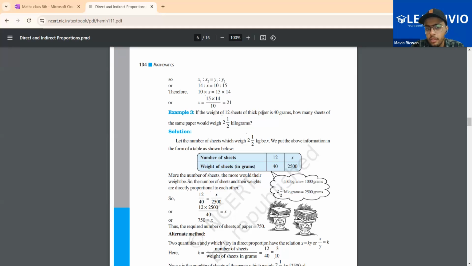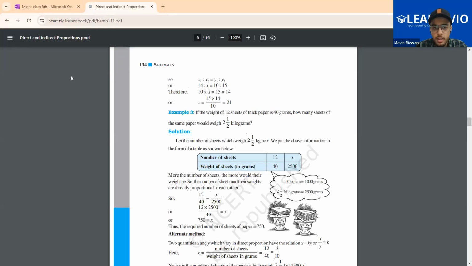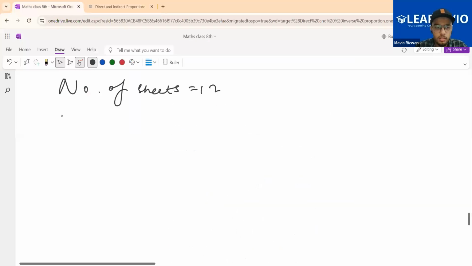So I read: if the weight of 12 sheets of thick paper is 40 grams. How many sheets? Number of sheets is 12. And then it says of thick paper is 40 grams. Weight is 40 grams.